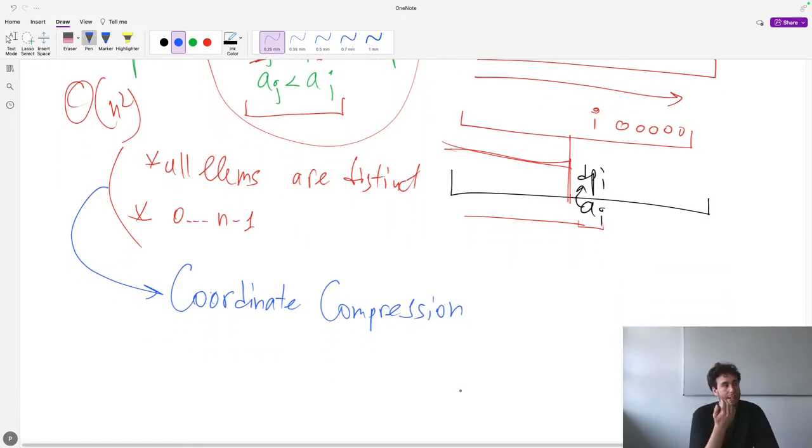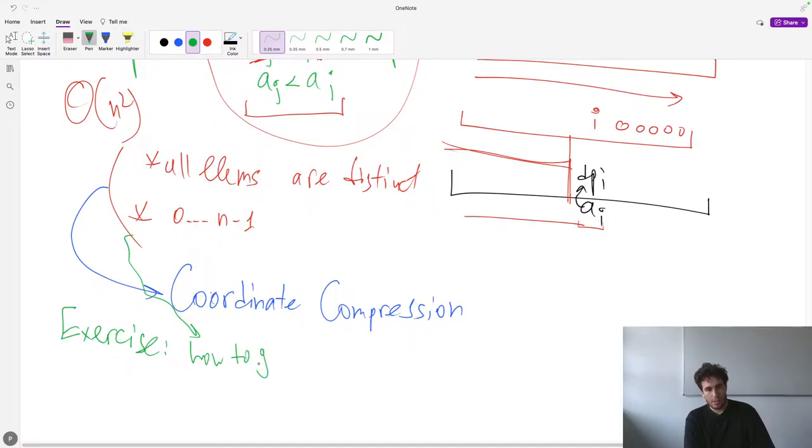This allows you to replace the values in your array such that if one value was smaller, it's still smaller. If two values were the same, they're still the same, but the values are smaller. And this is an exercise for you: how to get rid of these two assumptions.